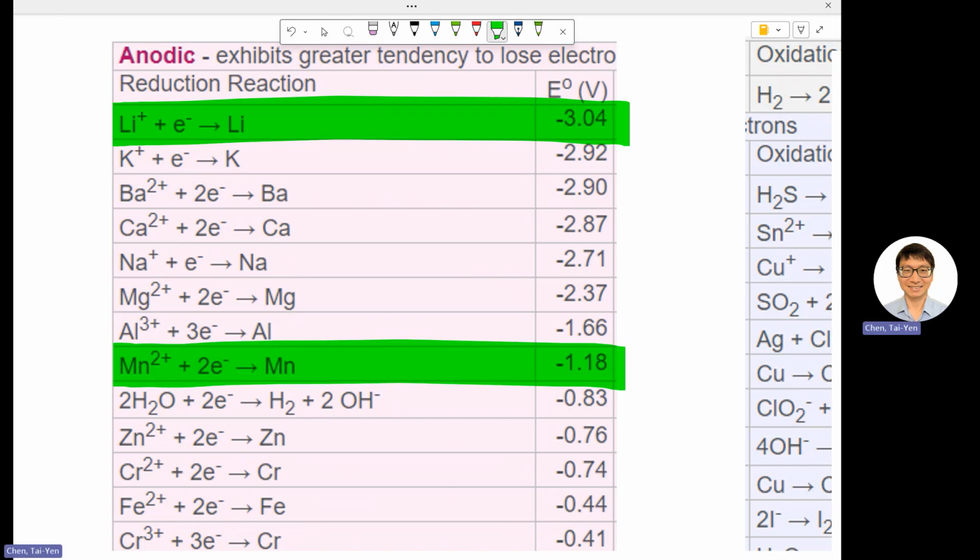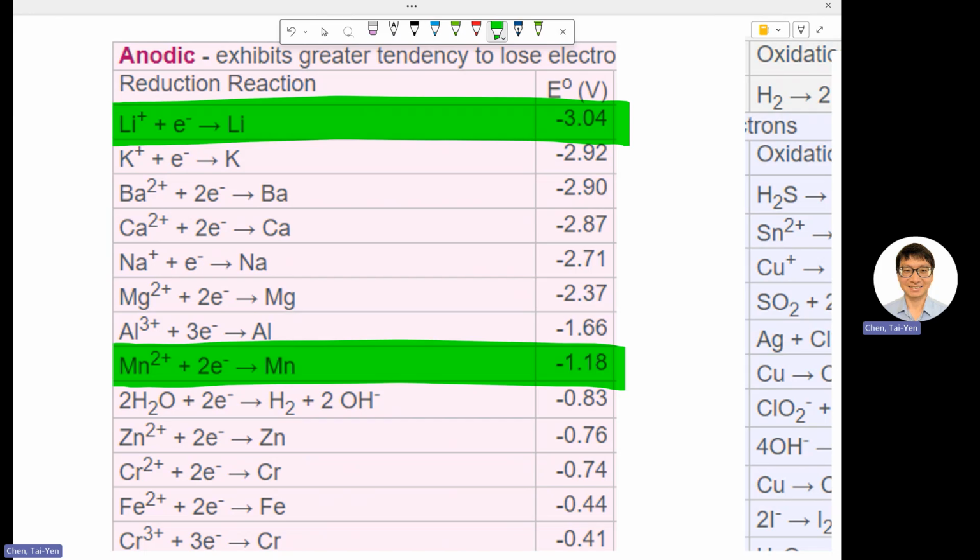The one I just highlighted here, manganese 2 plus plus 2 electrons gives manganese. So you should see that manganese 2 plus undergoes a reduction; every time you see electrons on the left side, read it as a reduction reaction.